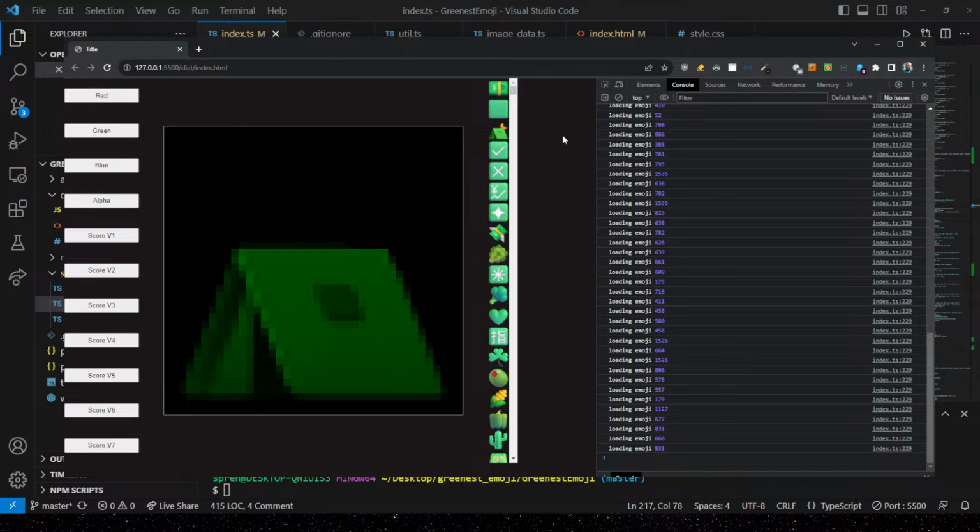In case you're watching the whole series, I'll just go ahead and explain this a little bit. Since last time I streamed, I did just a tiny bit of extra work. I made two new scoring methods, V6 and V7. This was V5. They are ever so slightly different, as you can see.